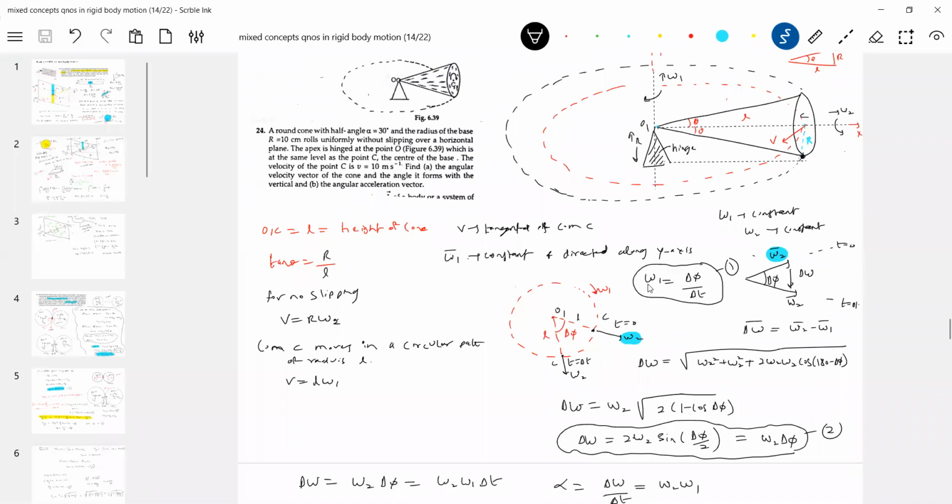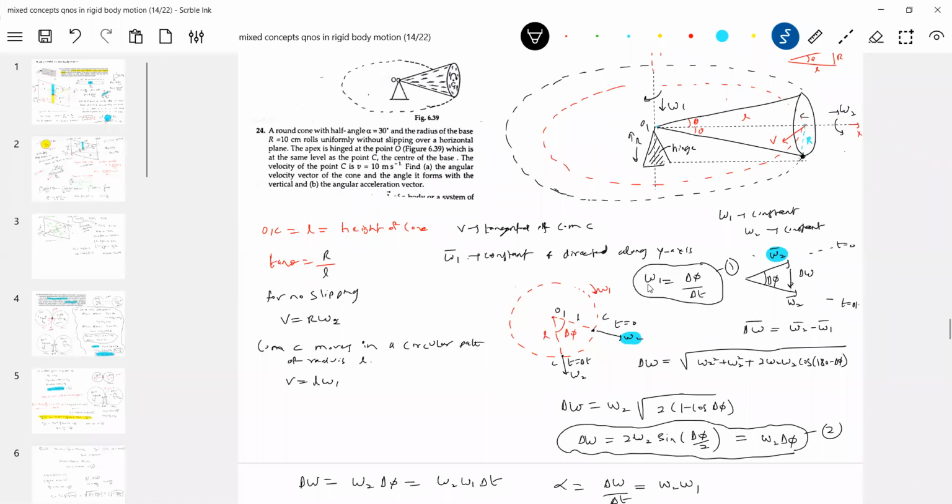Is it correct? No. Omega 1 will be downward, no? Wait. Okay, thank you. Is it okay?